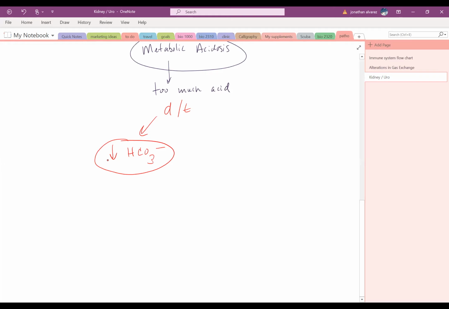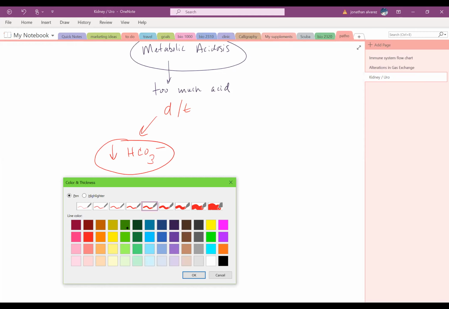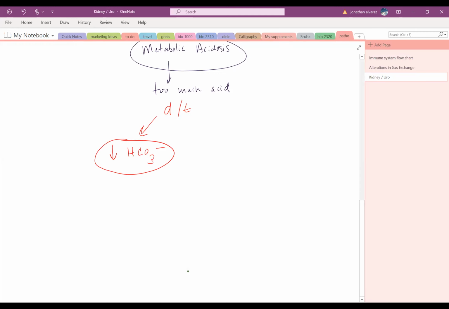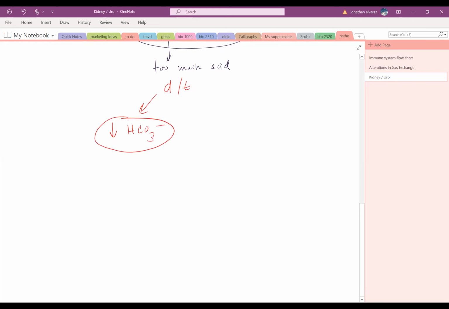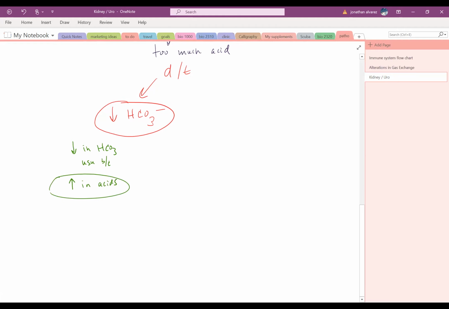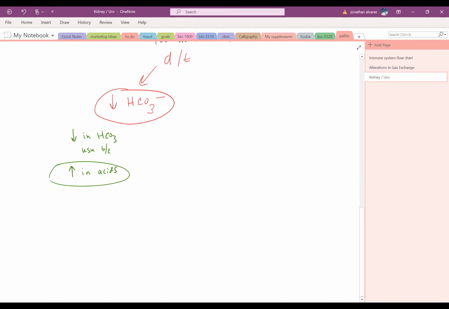Okay, now a quick note on bicarbonates. Okay, if you have a decrease in the bicarbonates, it's usually because of an increase in acids.